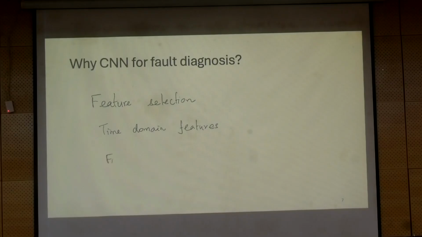There are also frequency domain features. Okay, so the frequency, magnitude, bandwidth, so many things can be identified in the frequency domain, the waveforms, different frequencies can be identified and their magnitudes can be used, right?